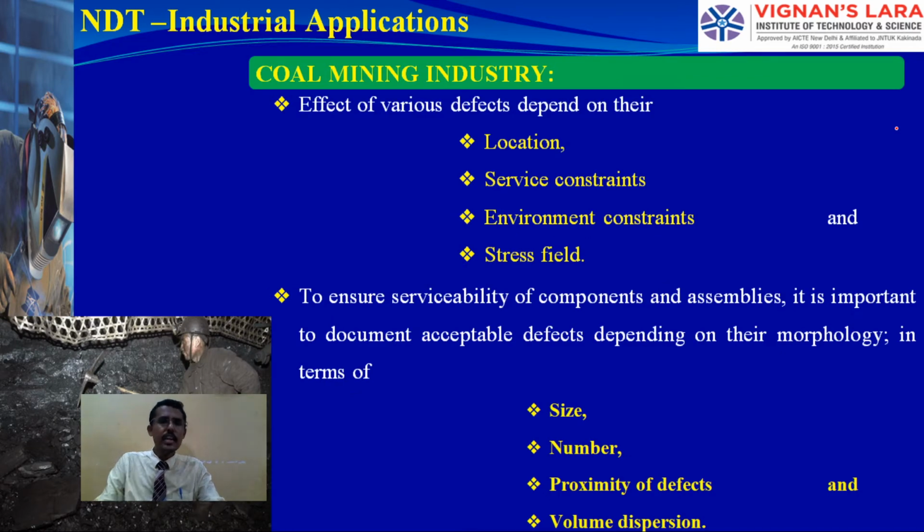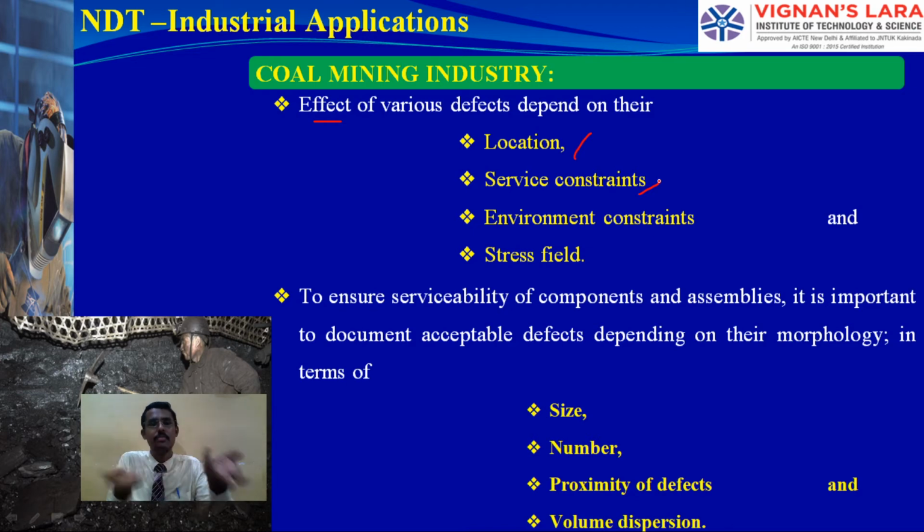The effect of various defects depends upon several things. Corrosion, erosion and other defects will form with respect to their locations, or how far constraints occur, whether the inspector can go inside to do inspections, or whether the sand particles are high, how much friction occurs, and how much wear takes place.